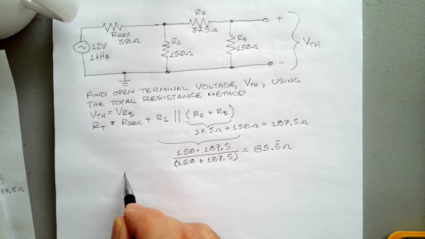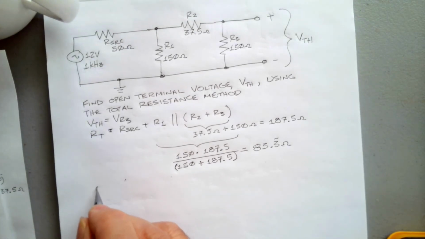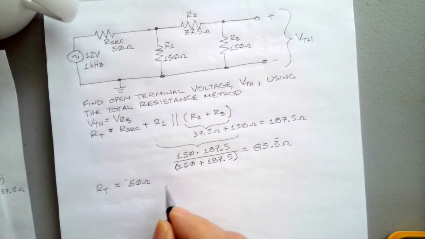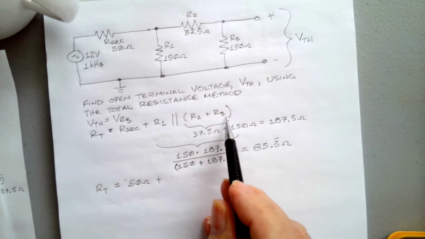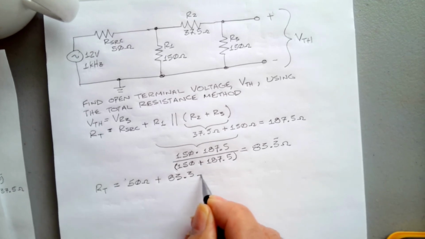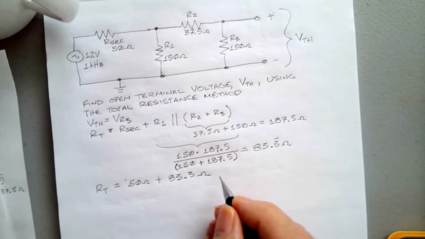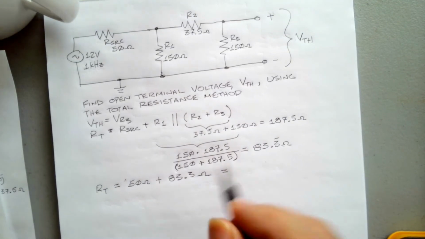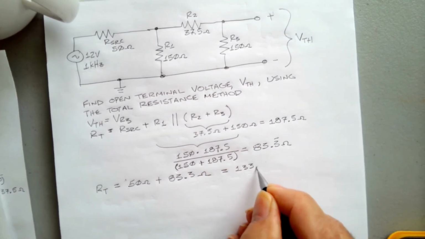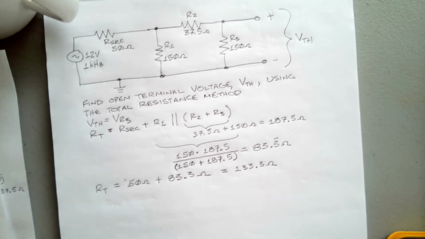Now we have to combine that with our source. R total is equal to R source, which is 50 ohms, plus this combination here, which you can call R1,2,3 if you will, but it's 83.3 ohms. Obviously 8 and 5 is 13, so this is going to be 133.3 ohms.